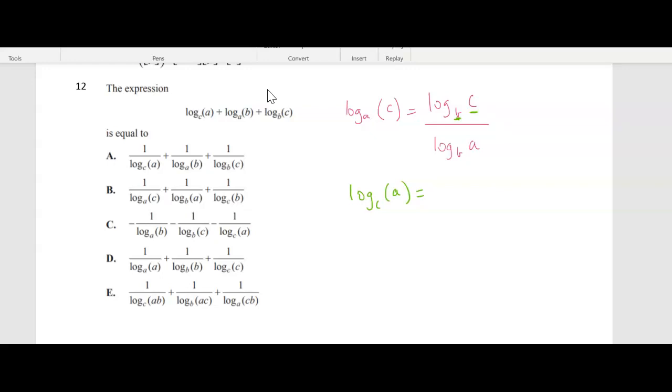So I'm going to change the base for this first one to be, it doesn't really matter which one I choose, it has to be C or A. So I'll just do log of base A.